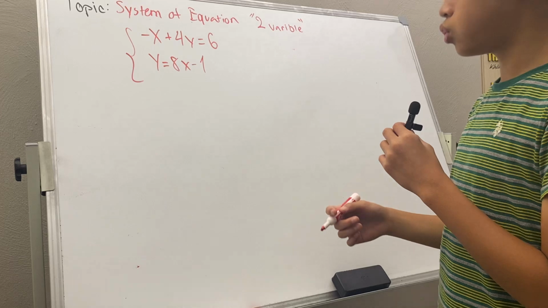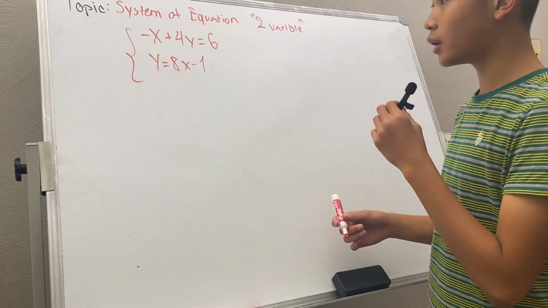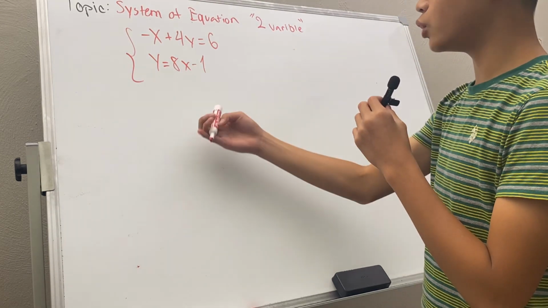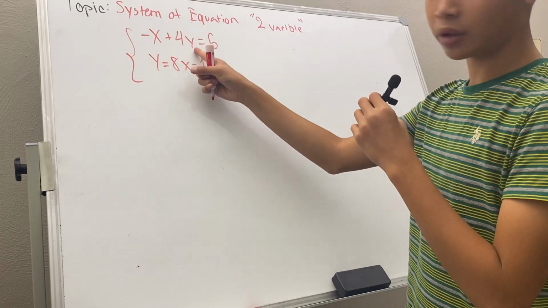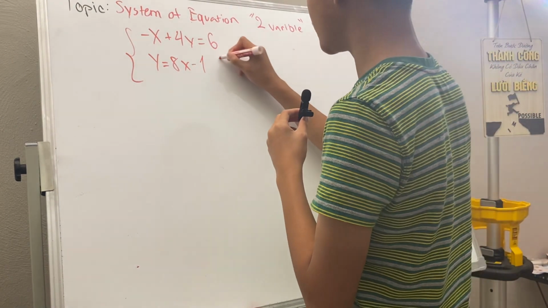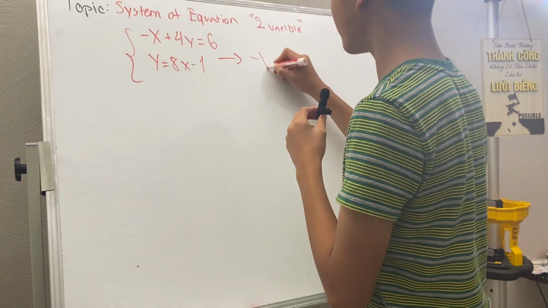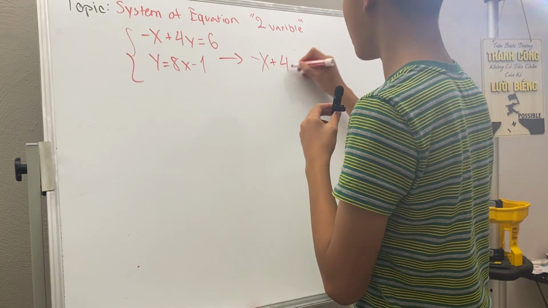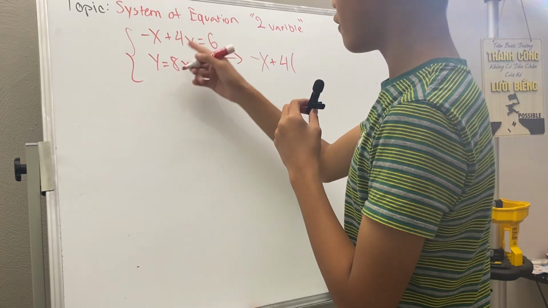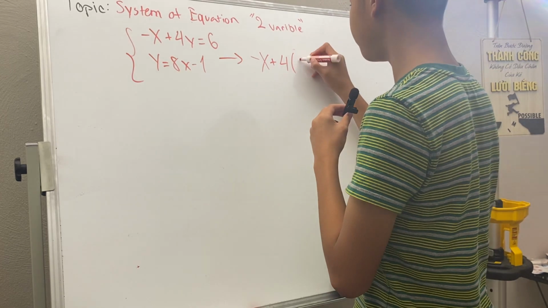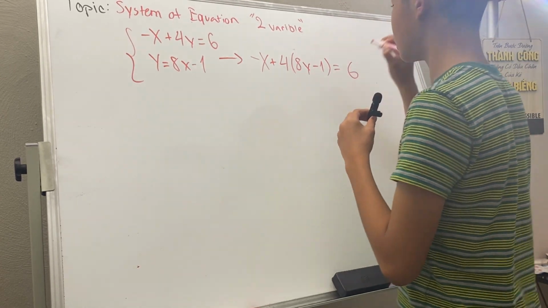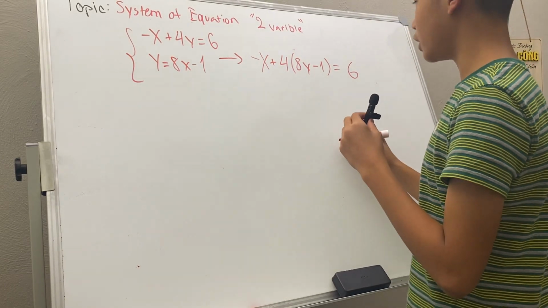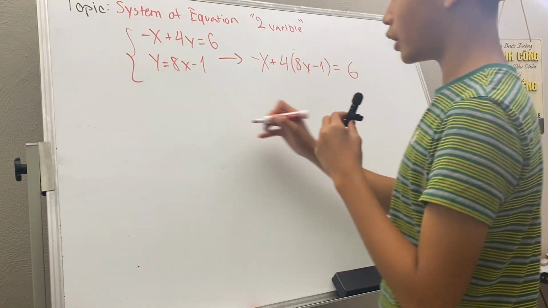To solve this system, you know that y is equal to this, right? So let's just plug y into here. So you will get the following. You get negative x plus 4, open parentheses, y is basically this, equal to 6.